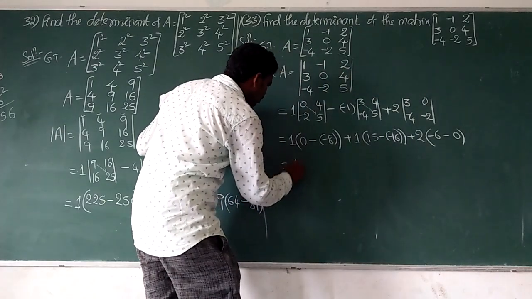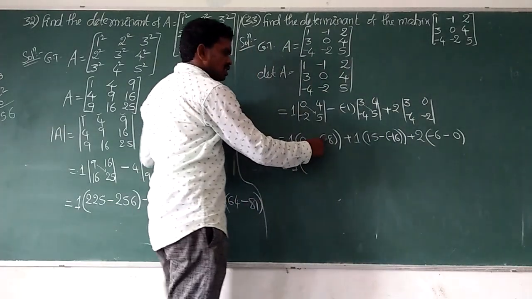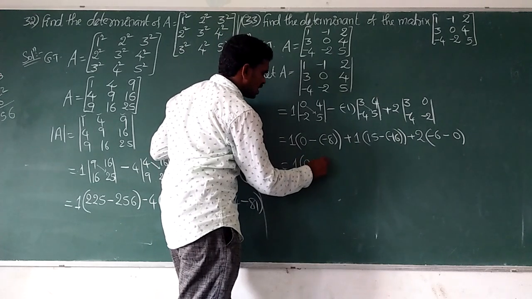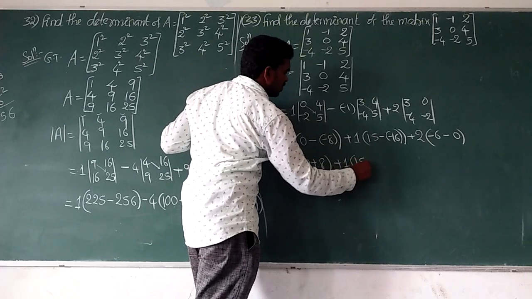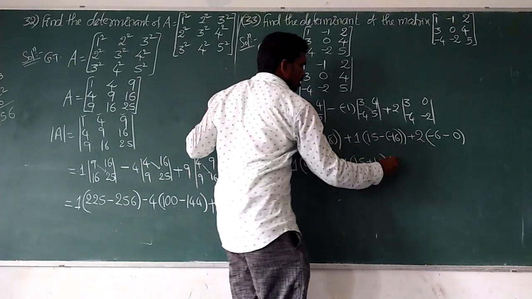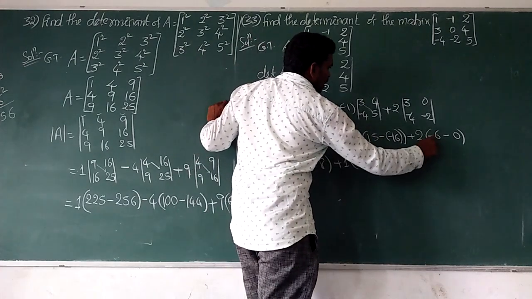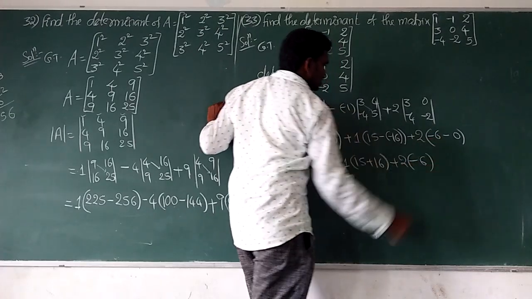So we get 1 into 0 plus 8, plus 1 into 15 plus 16, plus 2 into minus 6 minus 0, only minus 6.